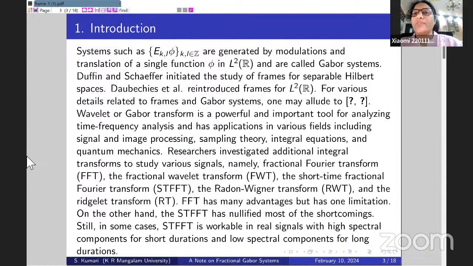FFT has many advantages but has one limitation. On the other hand, STFFT has nullified most of the shortcomings. Still, in some cases, STFFT is workable for real signals with high spectral components for short durations and low spectral components for long durations.